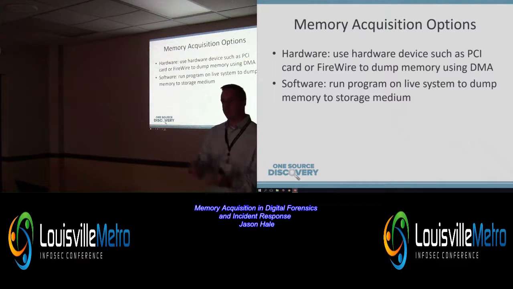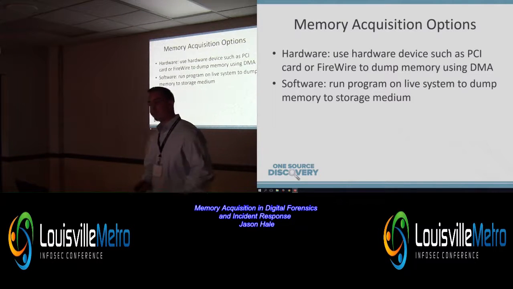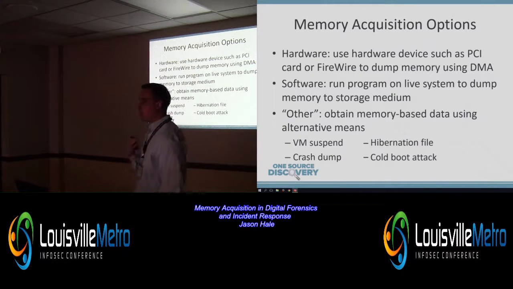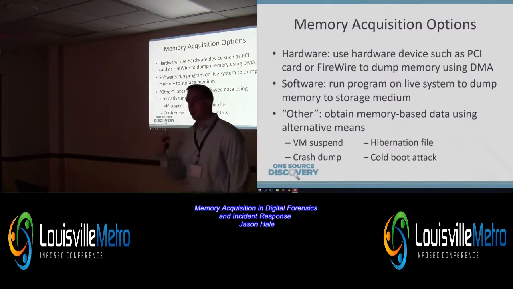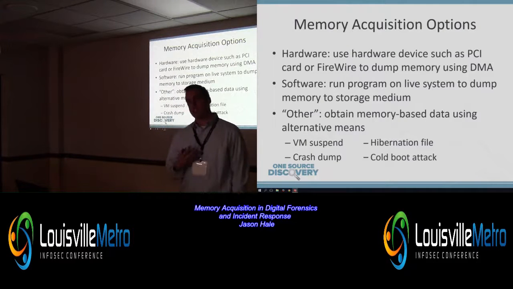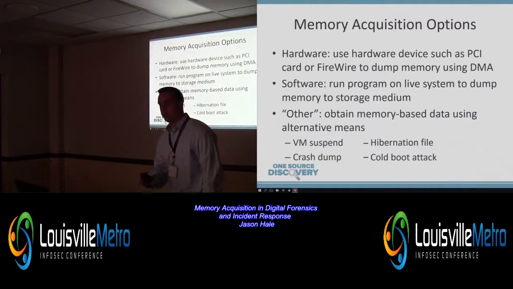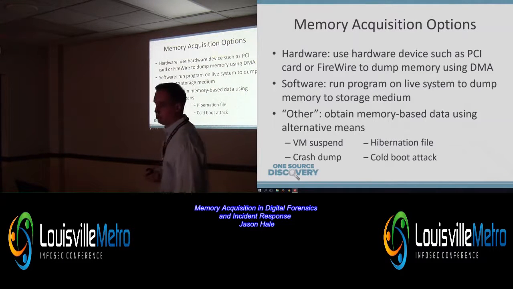This is running a tool on the target system to dump memory out to a USB device, a network storage device, something like that. And then finally, we have alternative or hybrid approaches that I've collectively grouped into an other category. So these are options like VMware or virtual machine suspension. We'll look at crash dumps and hibernation files. And then I'm sure a lot of you have heard about the cold boot attack. We'll talk about that as well.